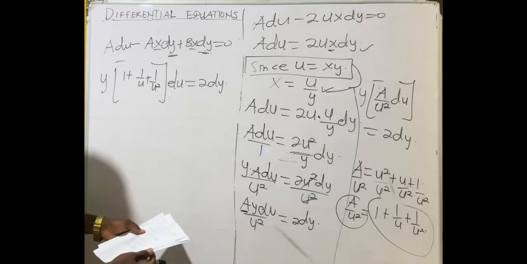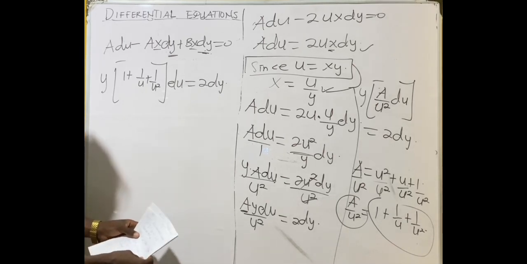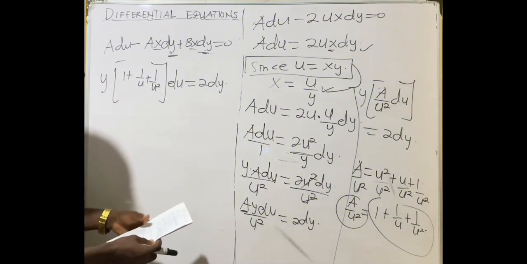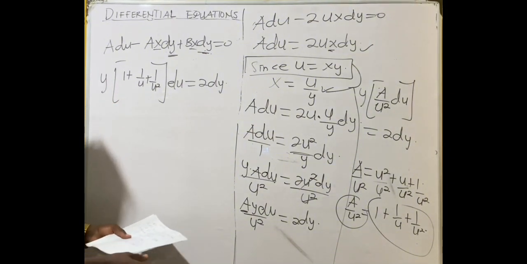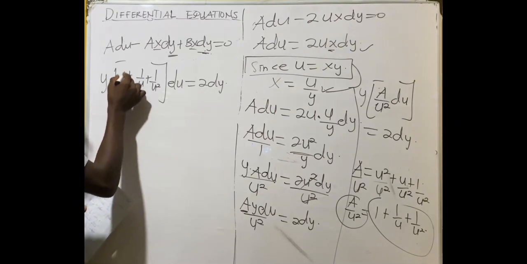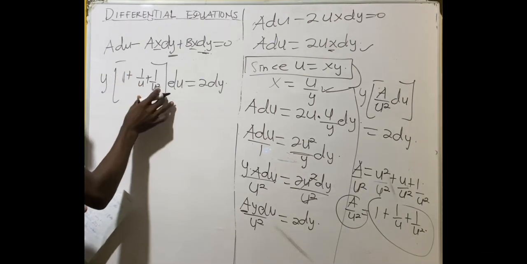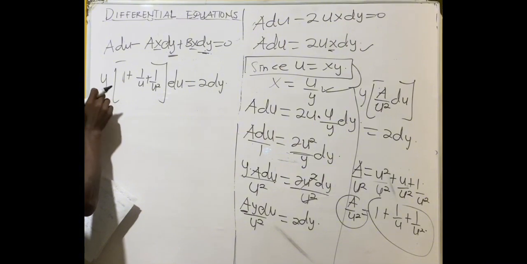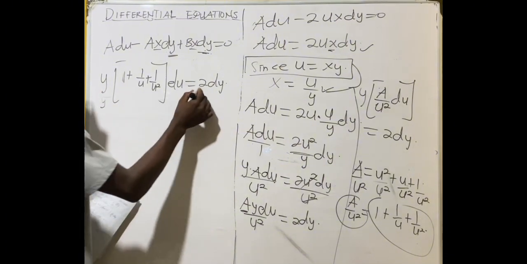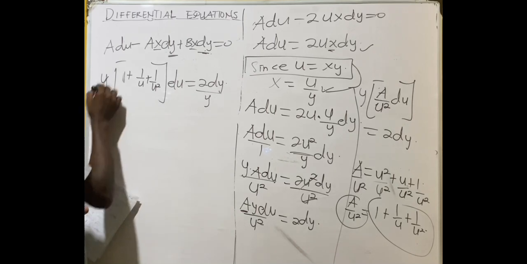So with the separable method, we know what to do. We can use the separation of variables in here, right? We can see that all these items are for u, so we have to take off this y from the left hand side. So we divide here by y, divide here by y. So this goes off.